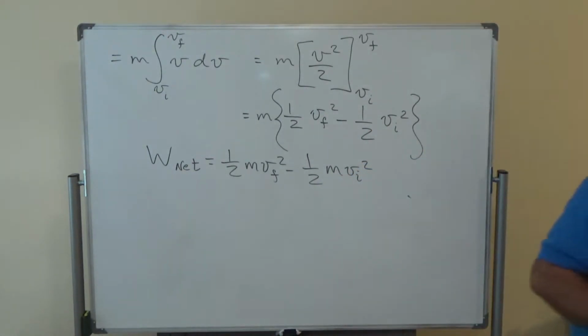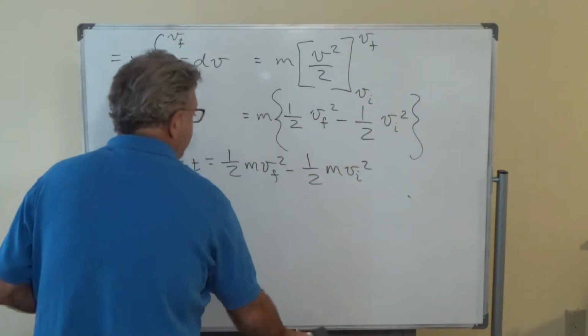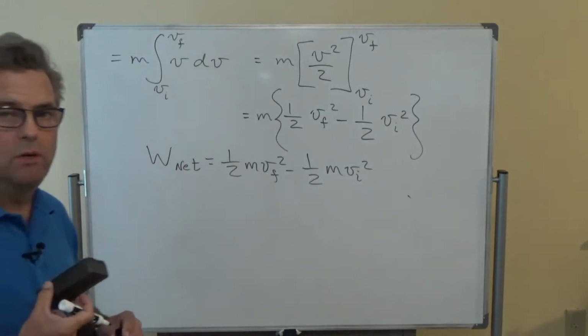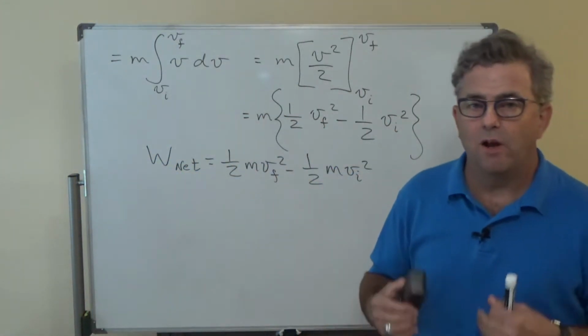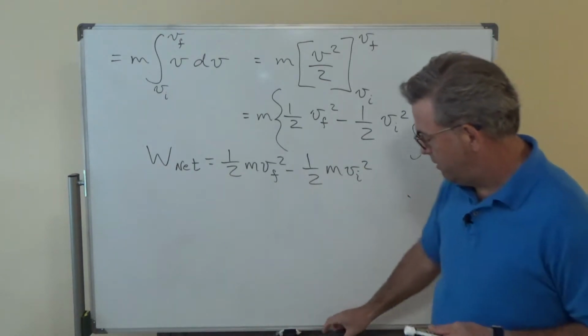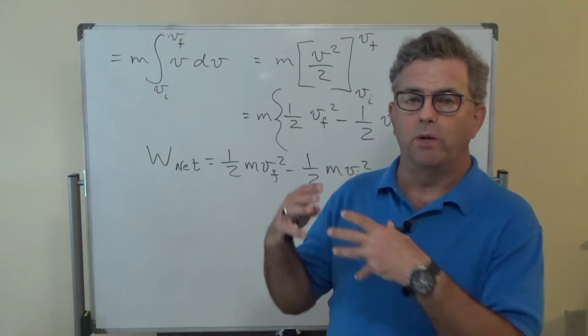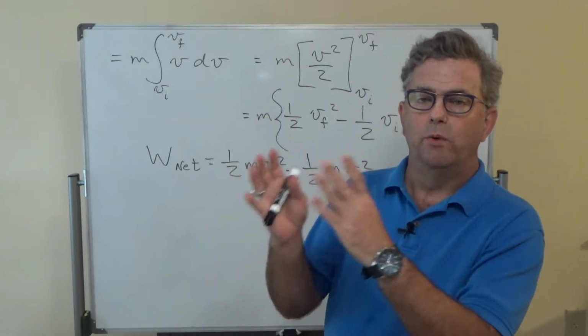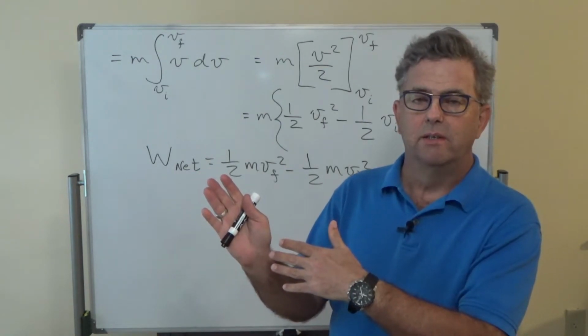So this is an extremely powerful equation. Very simple, but very powerful, because by knowing something about the work done on a system, we can easily calculate, maybe we know the initial velocity, we know the work done on the system, we can calculate the final velocity, and so forth.